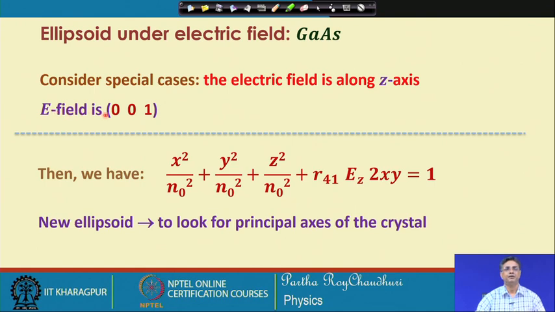So, the electric field is in the 0 0 1 direction, that means you have E z only.